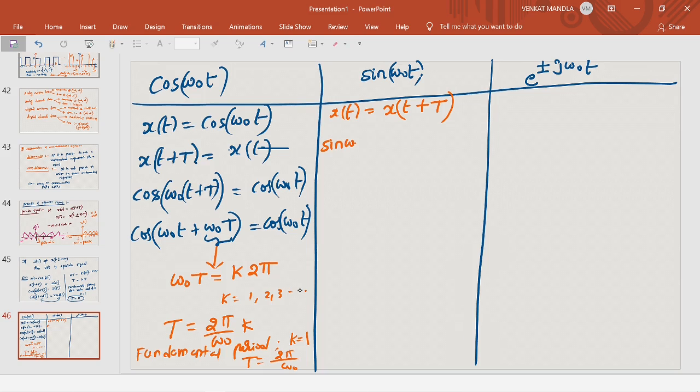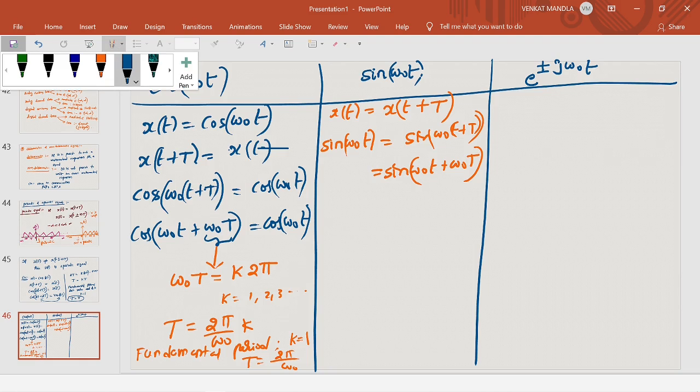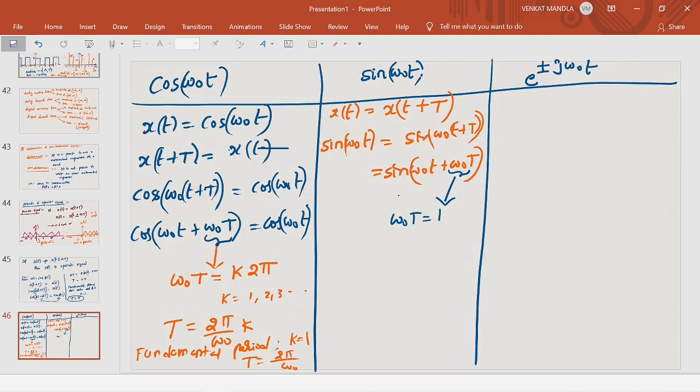Sin omega naught t equal to sin omega naught t plus capital T, that equal to sin of omega naught t plus omega naught capital T. Same here also, if omega naught into capital T equal to k times 2 pi, integer multiples of 2 pi, then you will get sin of integer multiples of 2 pi plus some theta equal to sin theta only. So here also T equal to 2 pi by omega naught into k.